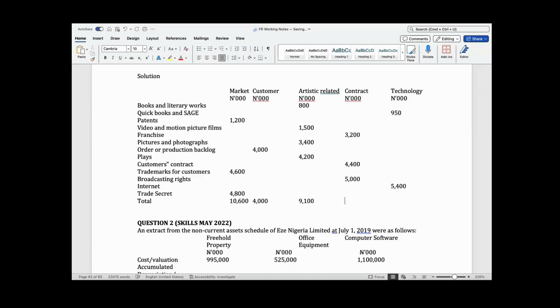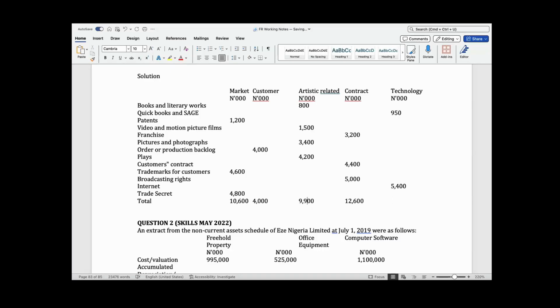How about this? 7, 6, 12, 6. Artistic is 9,900. It can't be 9,900, it should be 800 above. Calculate again, it is 9-1. I think you should check it.